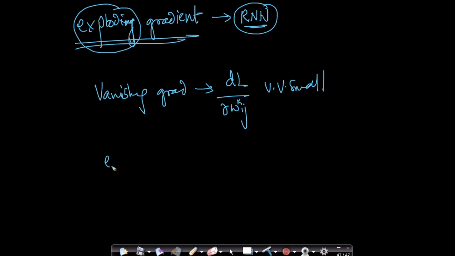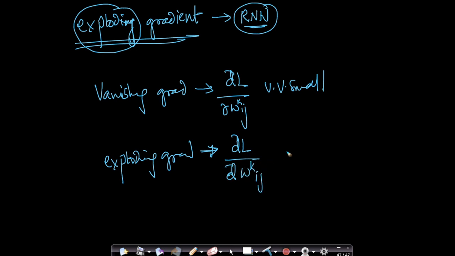What is the problem of exploding gradient? Exploding gradient is the exact opposite problem. The partial derivative of the loss function with respect to some weight becomes very, very large. If it becomes very, very large, that's also dangerous. Let me explain why.